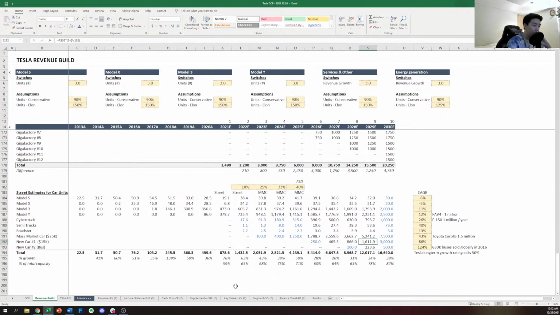Can they sell? Oh man, my 4 million, 8 million. The Toyota Corolla is 1.5 million. This is just so much. This is also a lot. But I guess I just need to run with some really crazy numbers because this is still based on figures that somewhat still make sense, right?